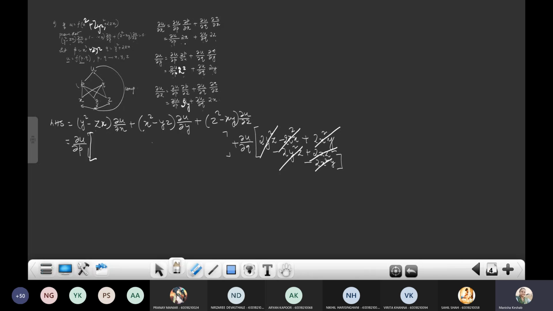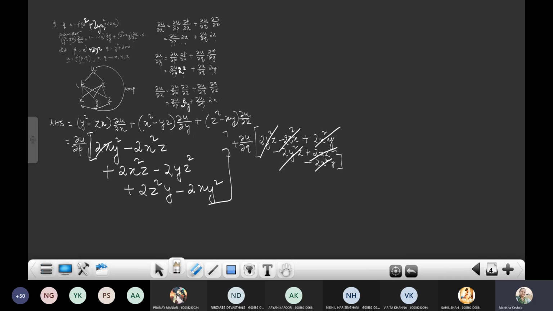So y² minus zx, so 2xy² minus 2x²z. Then for this we have 2z, that means plus 2x²z minus 2yz², and next we get 2z²y minus 2xy.